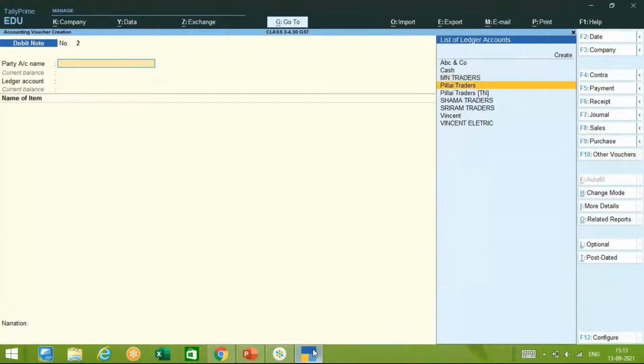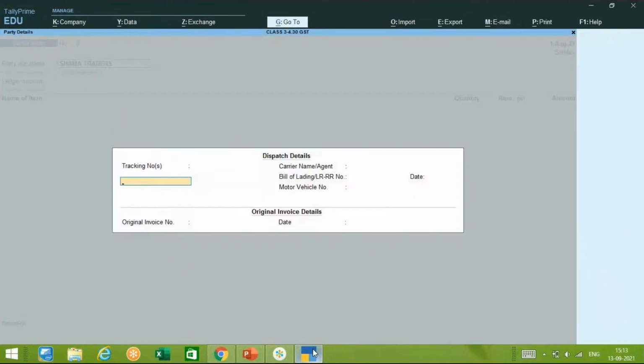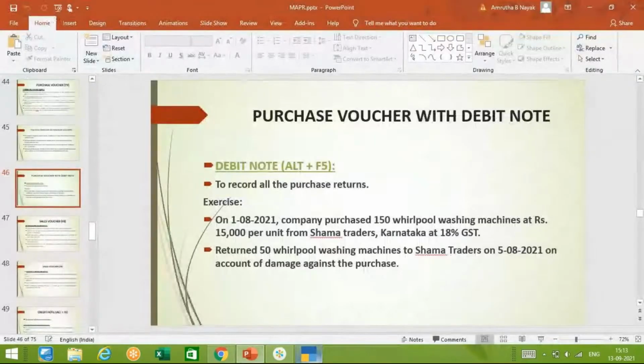Excuse me, ma'am. Ma'am, it is 150 washing machines for 15,000 per unit, no, ma'am?